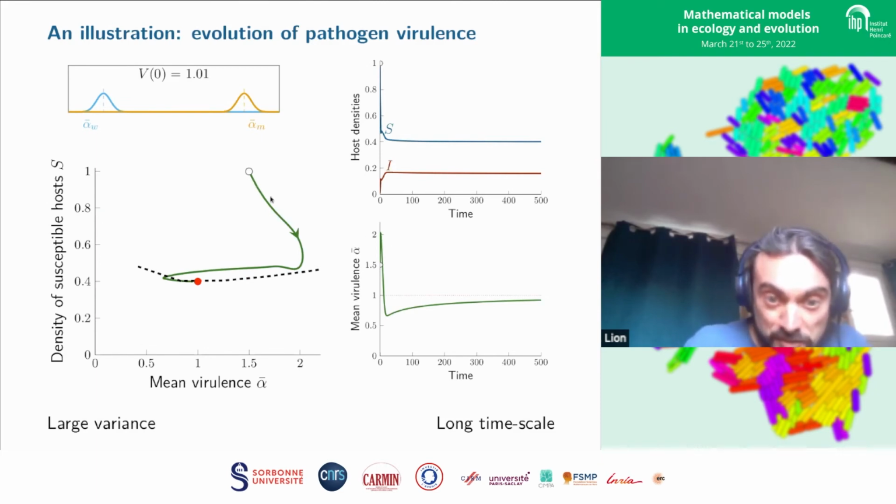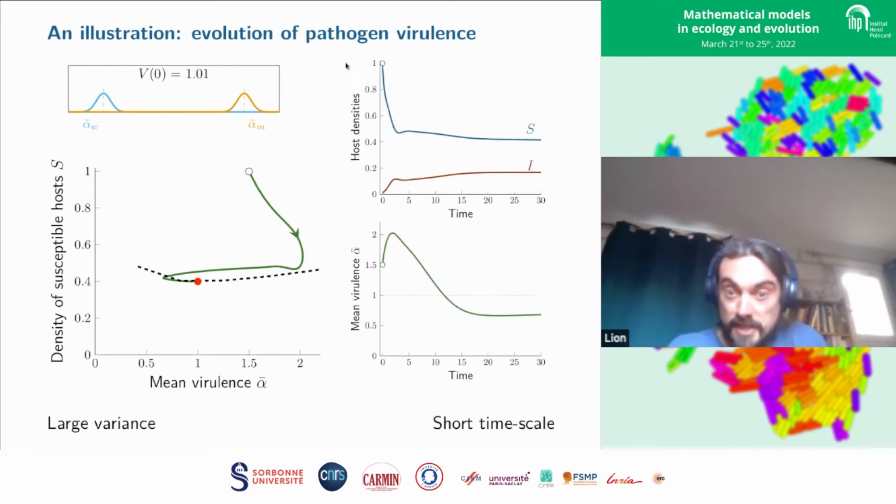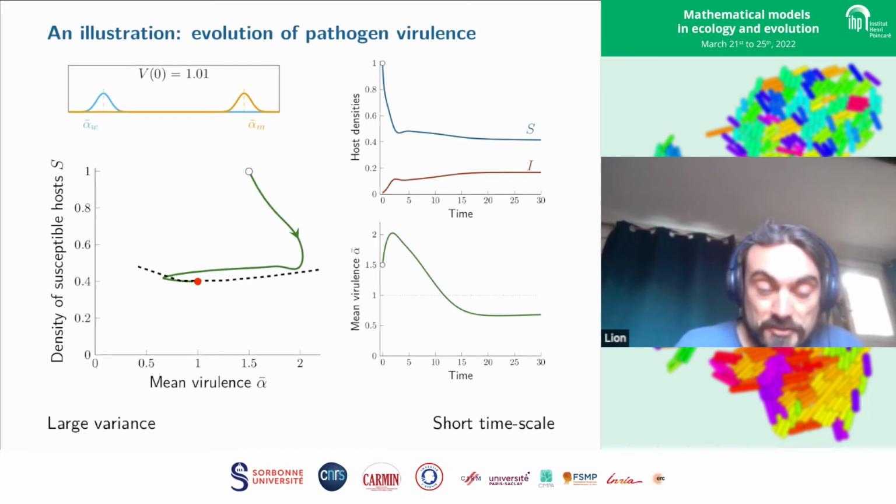So basically this whole phase here captures a fast evolution regime where the change in frequencies of the different morphs occurs on the same time scale as the change in the dynamics of the ecological variable. So that's one application of this multi-morph formalism.